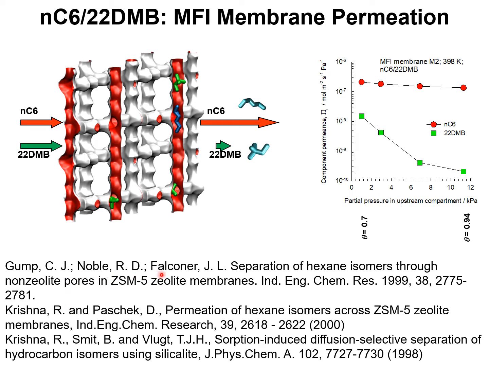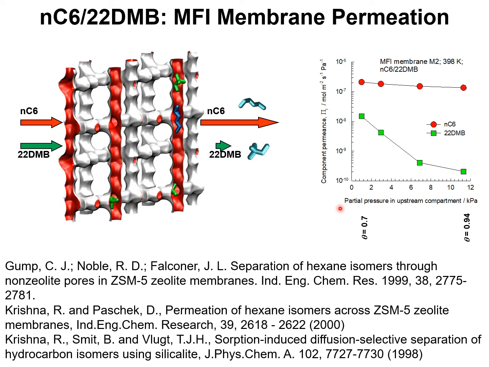Gump, Noble, and Falconer report experimental data for permeation of mixtures of normal hexane and 2,2-dimethylbutane across an MFI membrane. The partial pressures of NC6 and 2,2-DMB are maintained equal to one another in the upstream compartment, and the experimental data on the component permeances are shown here. The red circles are for NC6 and the green squares are for 2,2-dimethylbutane.